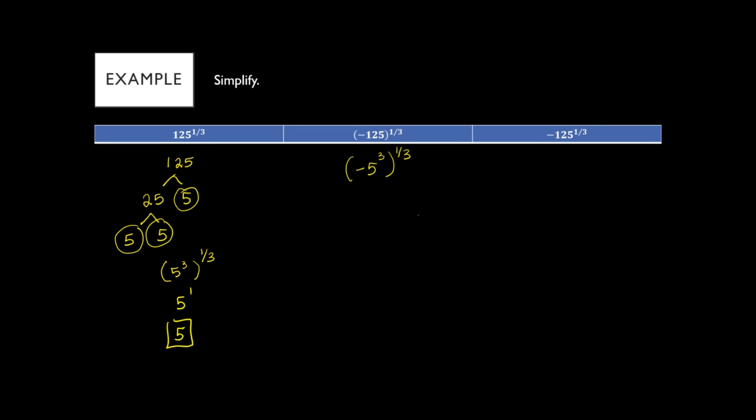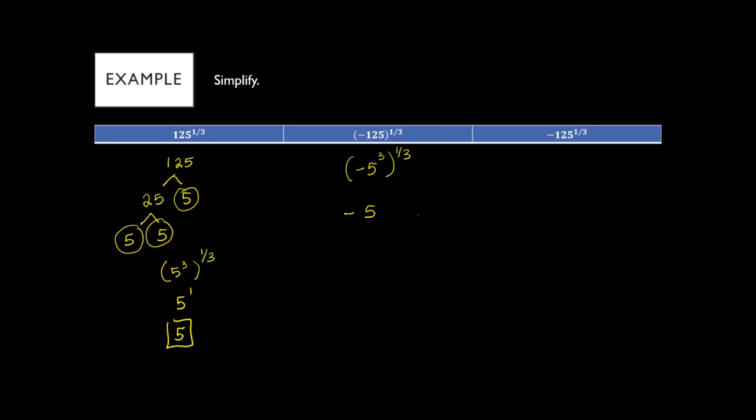If it's an odd root, you don't. So because the denominator is odd, I don't have to worry about a negative, and what that means is that my number is going to be negative. So I'm going to basically have a negative, and then I can multiply the 3 times the 1/3, which is 1. So I'm going to get a negative 5 here.